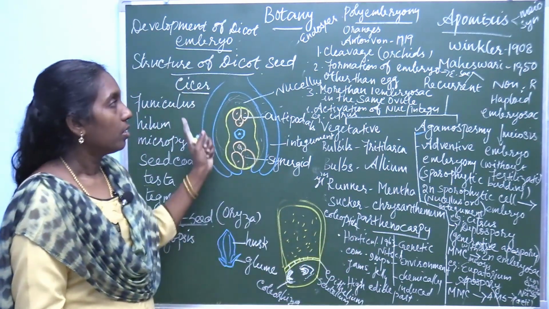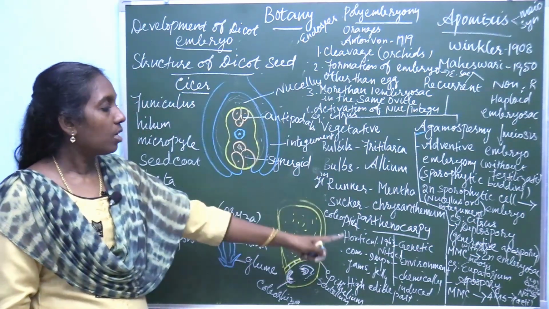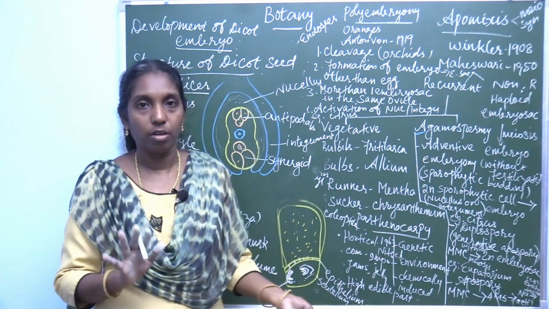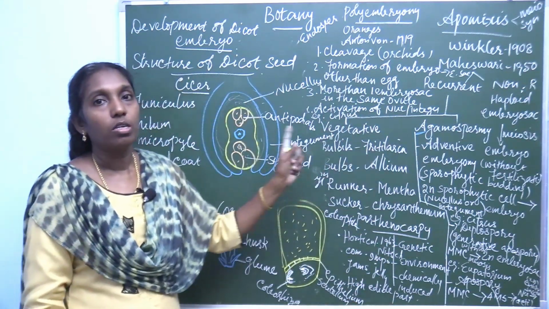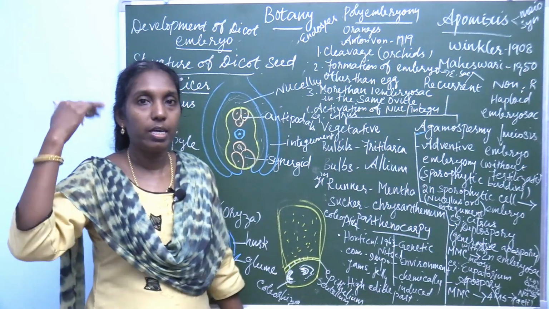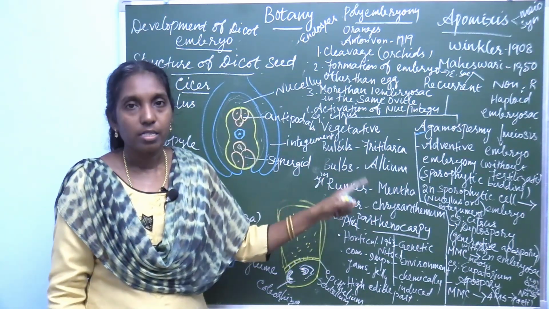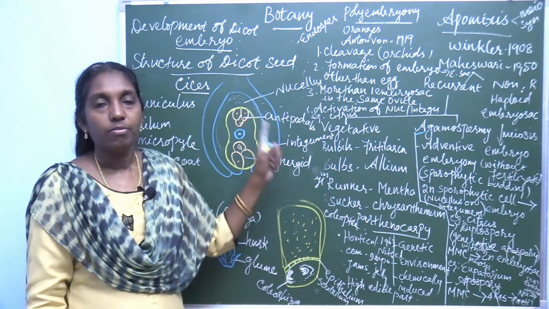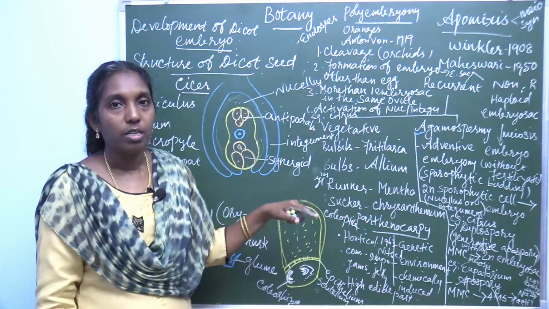So, let us review what you learned in the first unit. Up to this, the first unit is complete. From the beginning, there is asexual and sexual methods of reproduction. First, asexual: vegetative method, natural method, artificial method.